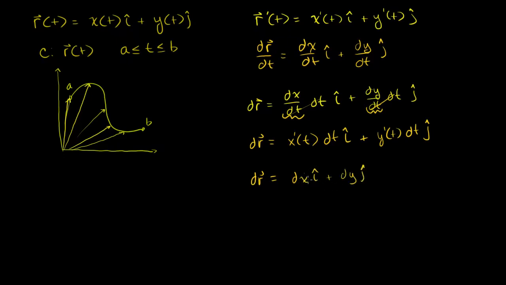And that actually makes a lot of intuitive sense. If I look at any dr, so let's say I look at the change between this vector and this vector, the super small change right there, that is our dr. And it's made up of our dx, our change in x, that right there, but we're vectorizing it by multiplying it by the unit vector in the horizontal direction, plus dy times the unit vector in the vertical direction.